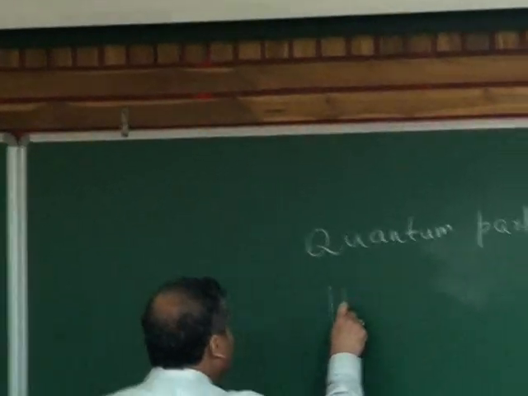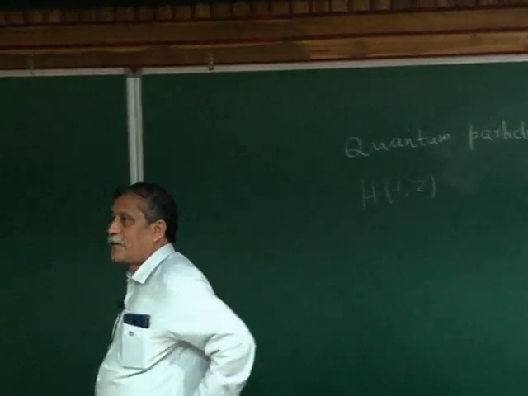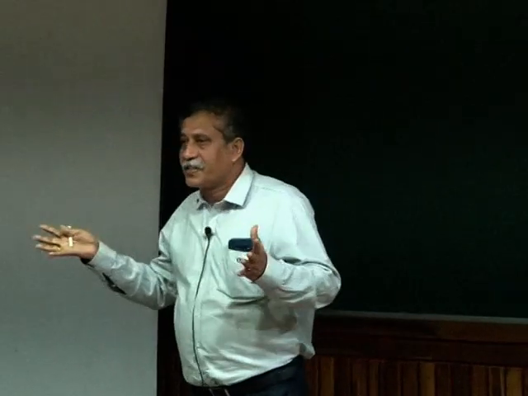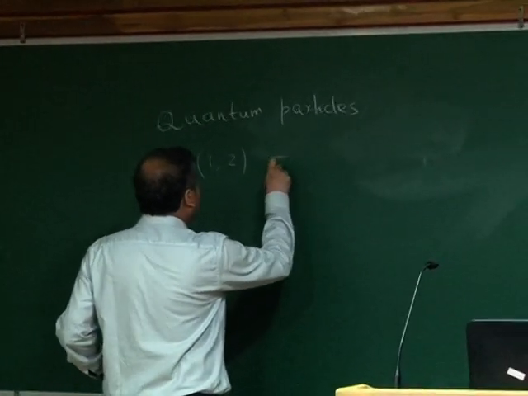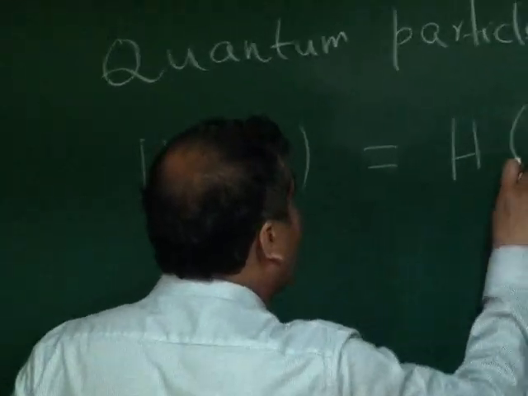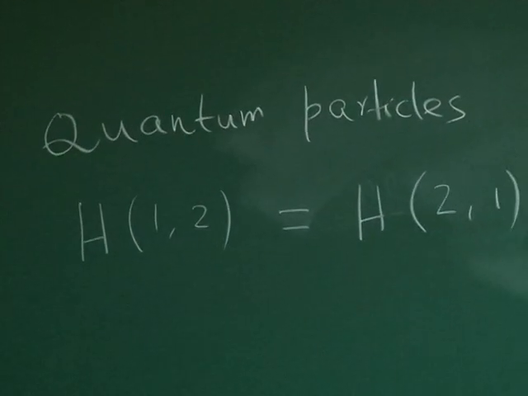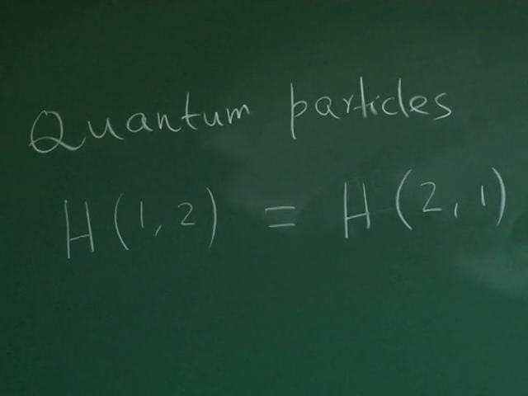It essentially means that if I write the Hamiltonian of the two particles, it has the kinetic energy of electron or particle 1, particle 2, and the potential energy. But what is important is that since they are completely indistinguishable, I can write this Hamiltonian also as 2 and 1. So I can interchange the coordinate of 1 with 2, and I get the same Hamiltonian.